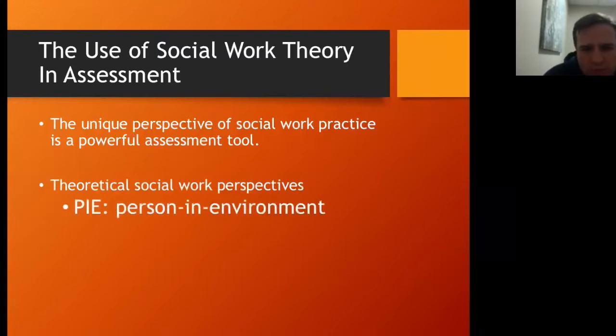But the big one for us as social workers is PIE, person and environment. We want all of our assessments, all of our engagements, all of our treatment plans to be centered around that aspect, so that we don't get so reified on diagnoses or labels that we stop seeing the person and the interplay between them and the environment. So we want to always keep a strengths perspective.